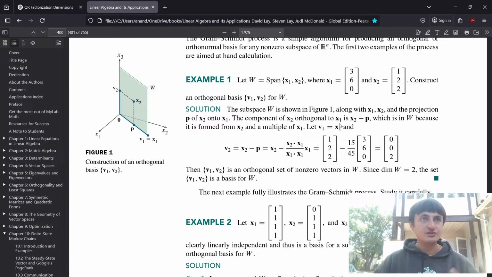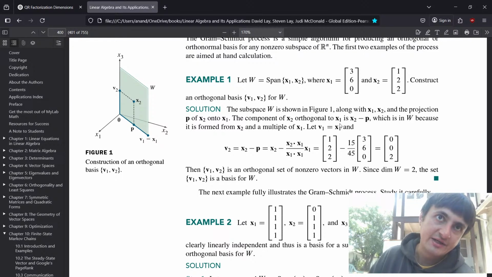Then you take the difference between the second vector and the projected point, and you get something that's orthogonal to the first vector and has the same span.